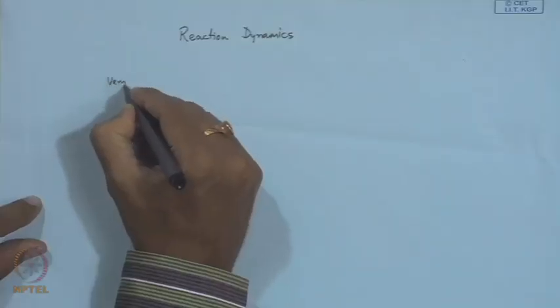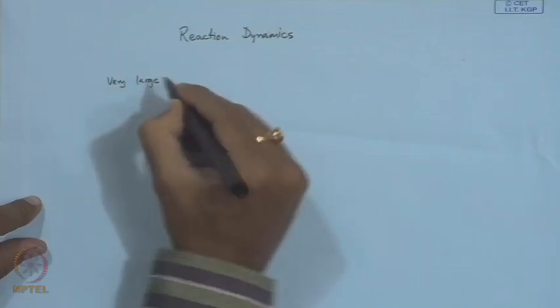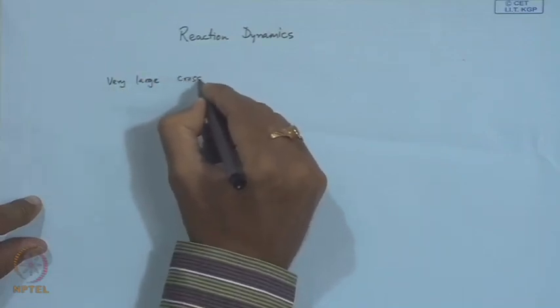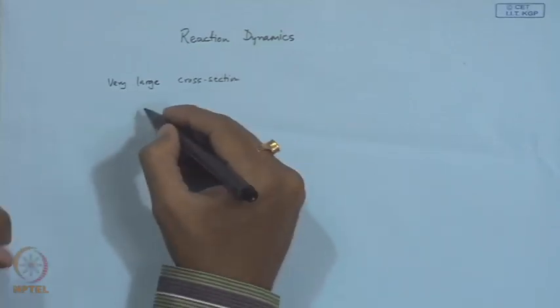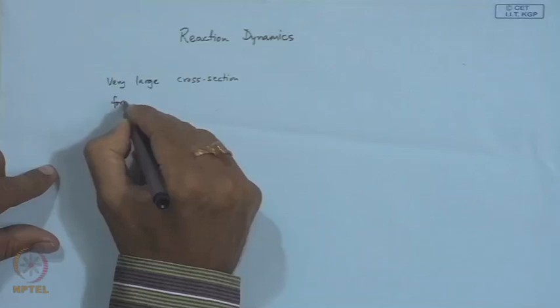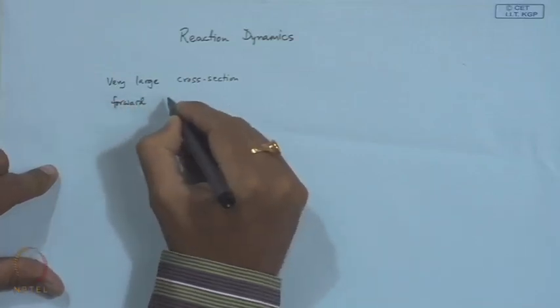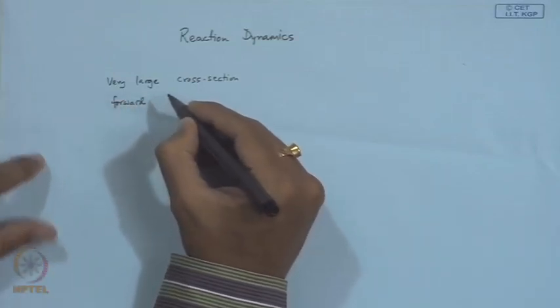Now, as a recapitulation, what is this harpoon mechanism? This reaction has a very large cross section, and generally forward scattered products are obtained.